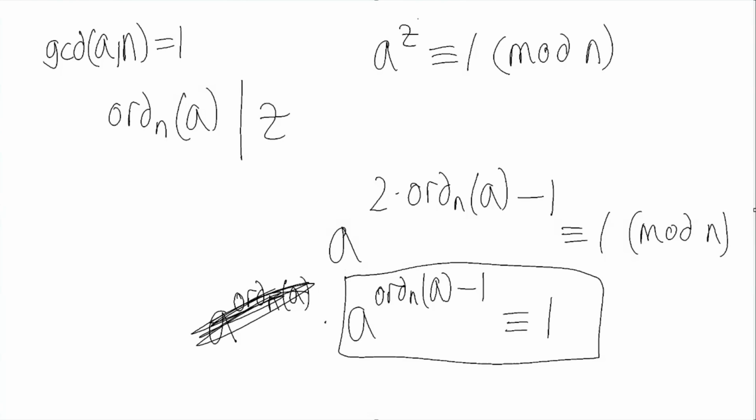But wait, you may ask, isn't the order supposed to be the smallest value? And yes, it is. And this is why this does not work. Because the order is the smallest value, that means that this here can never be equivalent to 1, unless this one here is equal to 0 somehow.